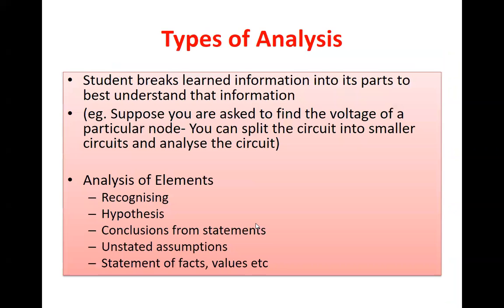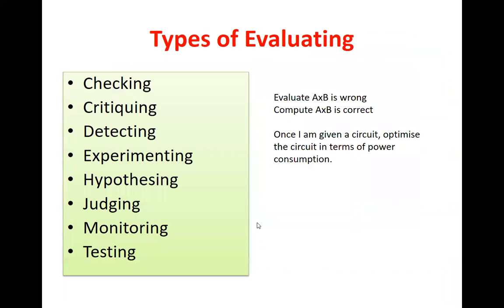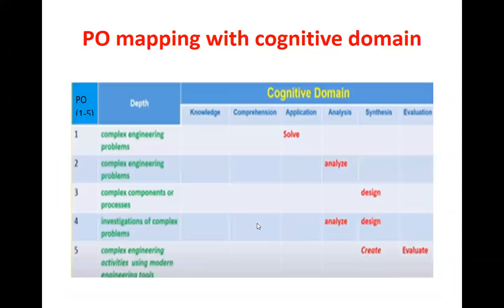So this Bloom's taxonomy plays an important role in writing the course outcomes. And also while mapping the program outcomes, also this plays an important role. So solving complex engineering problems, the word solve comes under application domain. Then analyze, the second program outcome, it comes under analysis.